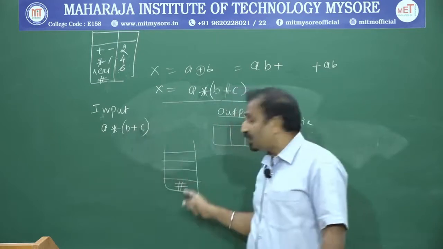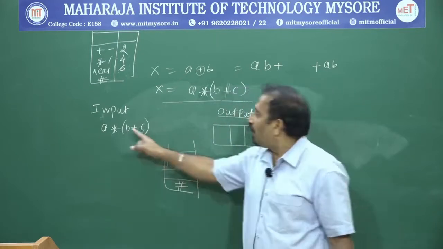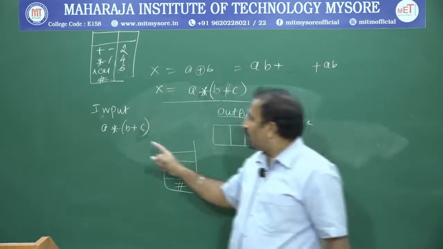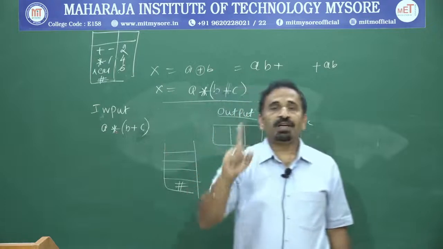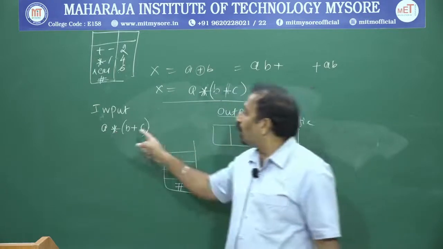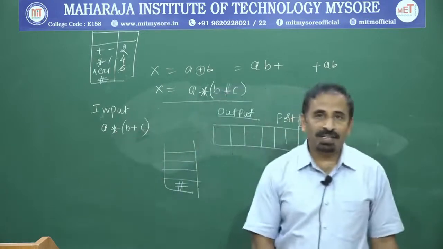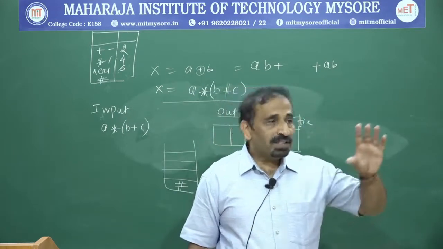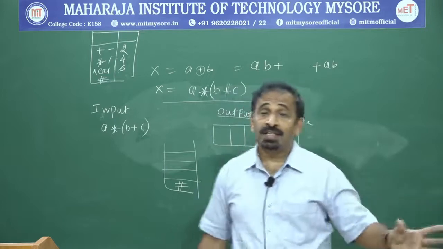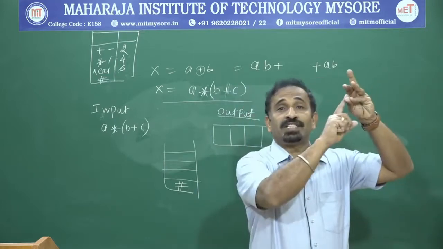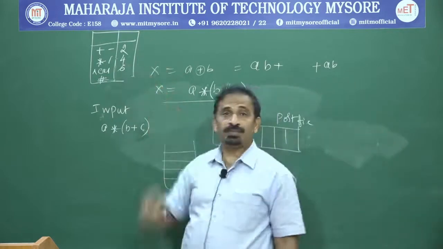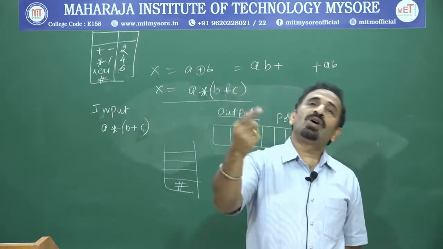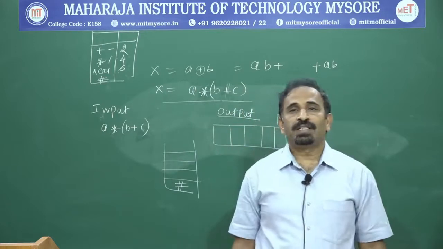I told you only operators will go inside the stack, operands will directly go to the output. Okay, we will see the procedure later. Open bracket has an interesting kind of precedence. When it is outside, its precedence is highest amongst all. When it has gone inside, it has the lowest precedence, right?